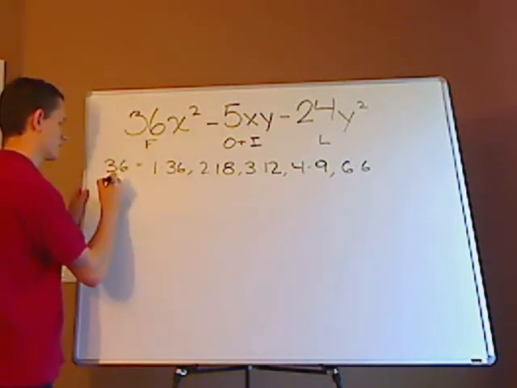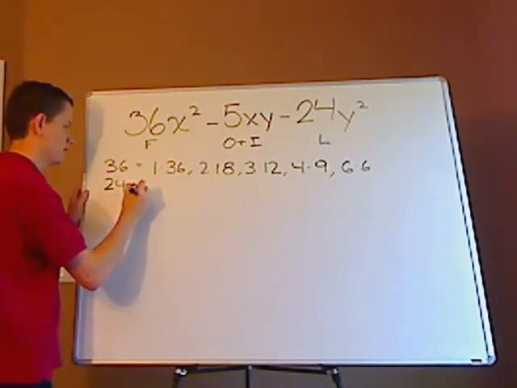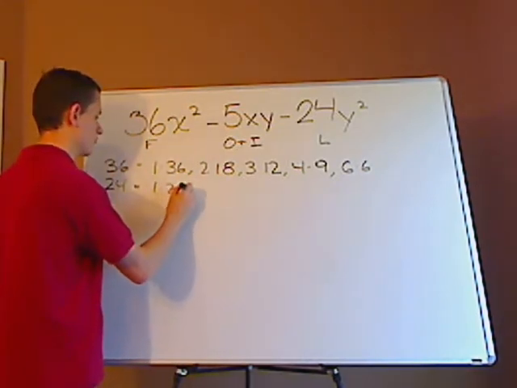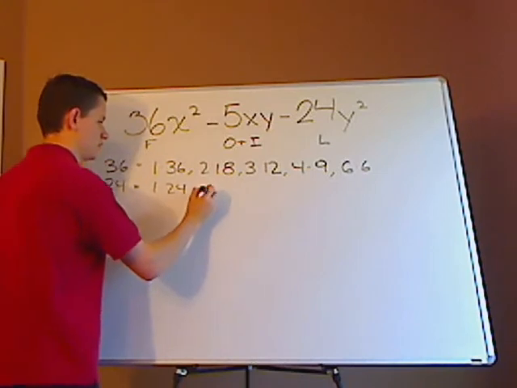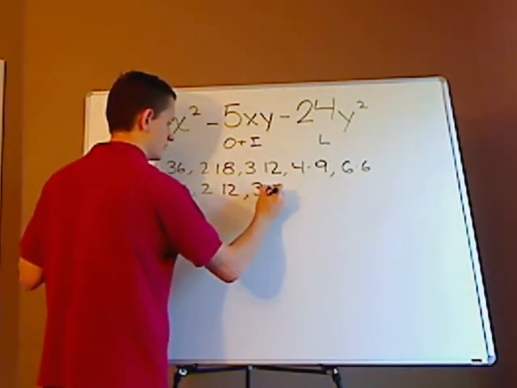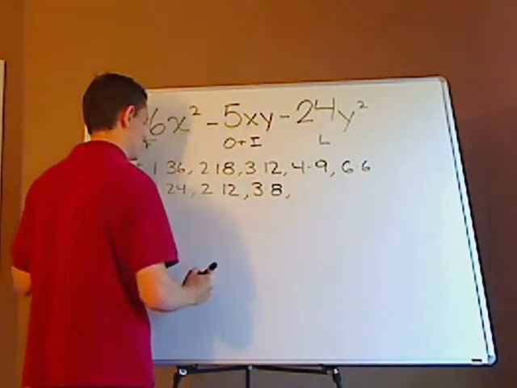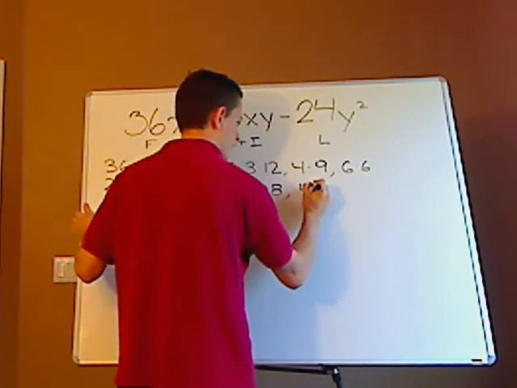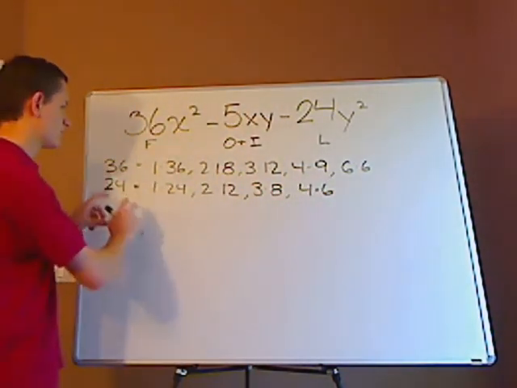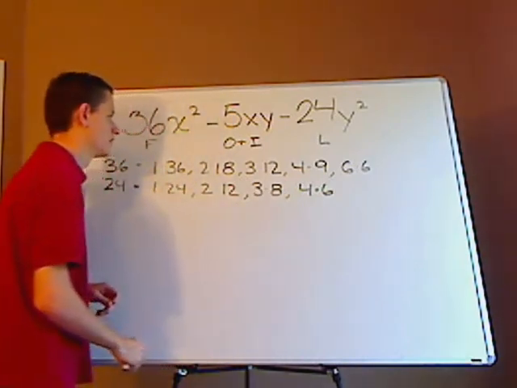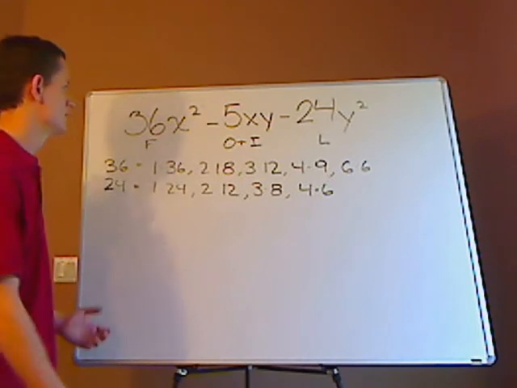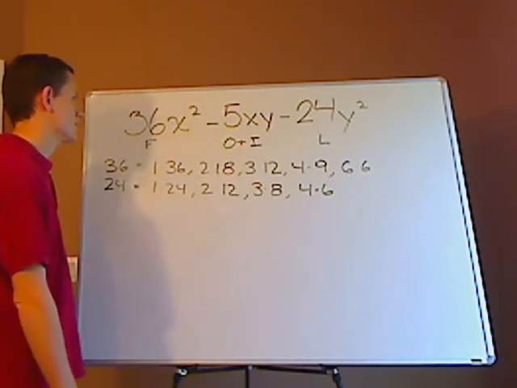Then you list out the factors for 24, and the factors for 24 are 1 times 24, 2 times 12, 3 times 8, 4 times 6. You see the issue with this? You have so many factors to deal with. And then when you multiply them, you're going to have even more factors to deal with. So that's why the AC method is kind of not good here.